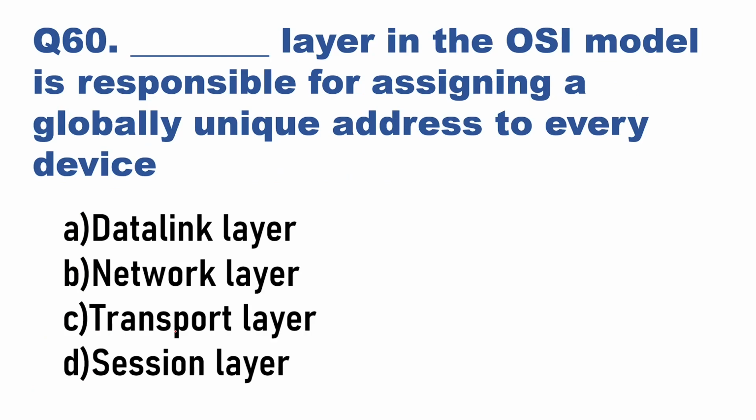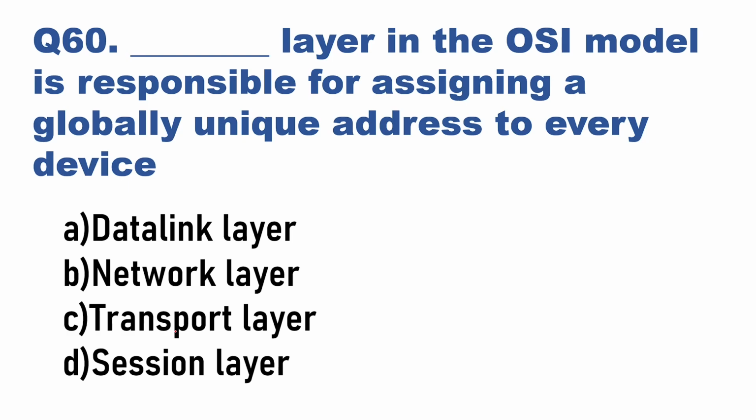Dash layer in the OSI model. So in the OSI model, there are 7 layers. Dash layer is responsible for assigning a globally unique address to every device. Now we know that the first layer is the physical layer, where you have the signaling method and the data is in 0, 1 form.